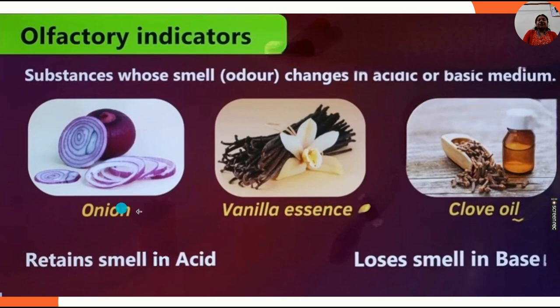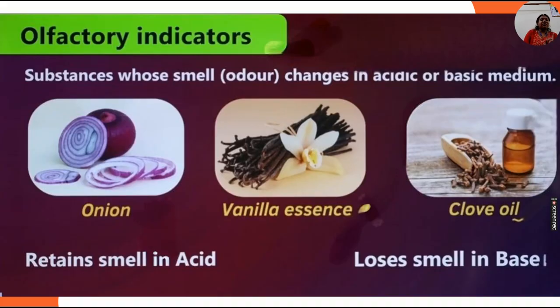Onion is an olfactory indicator. It changes its smell or odor in the presence of acid and base. Similarly, vanilla essence and clove oil are all olfactory indicators. Substances whose smell or odor changes in acid or basic mediums are called olfactory indicators.